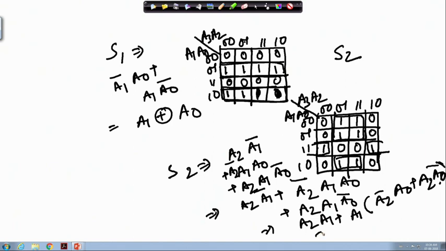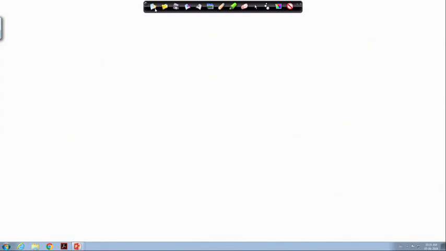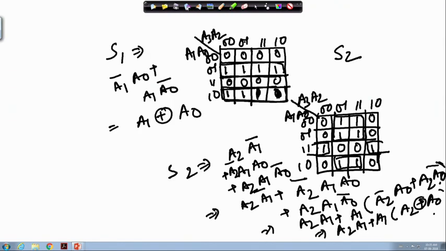This is A2 A1 plus A1 into A2 XOR A0. Okay. But this is the corresponding expression, if I go back to the previous slide, for this particular S2.